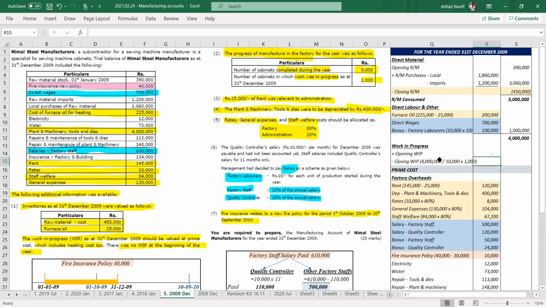So the closing work in progress is 400,000. Right? Out of 4 million, 400,000 is work in progress. Therefore, the prime cost is 3,600,000, 3.6 million.